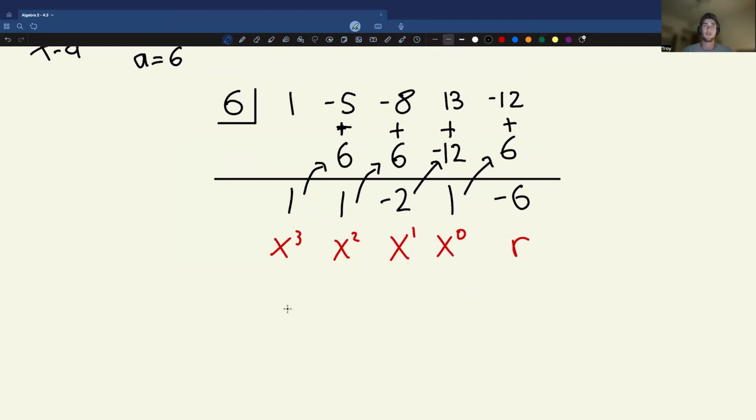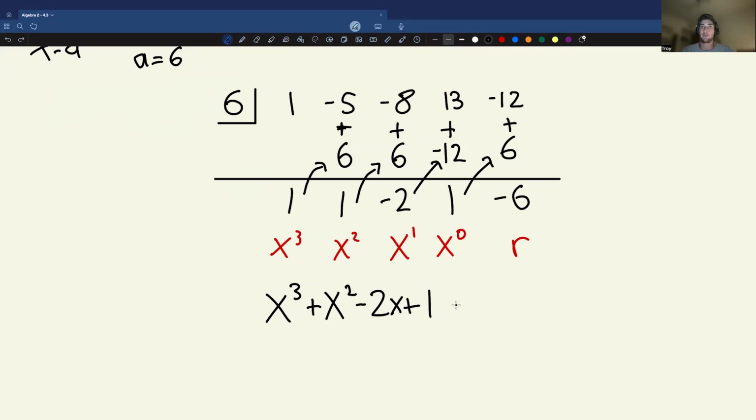So 1x to the third, this is just x to the third, positive, so plus x squared, minus, now it's 2, so minus 2x to the 1, or just 2x, plus 1, x to the 0 is 1, so 1 times 1, 1. That's why we consider this to have a degree of 0 in a way.